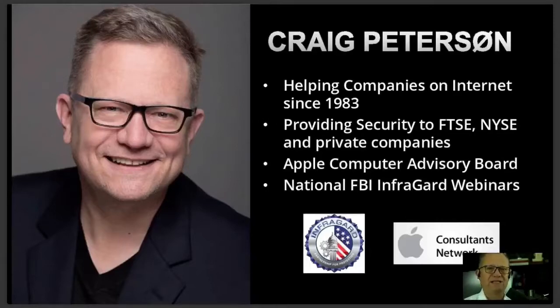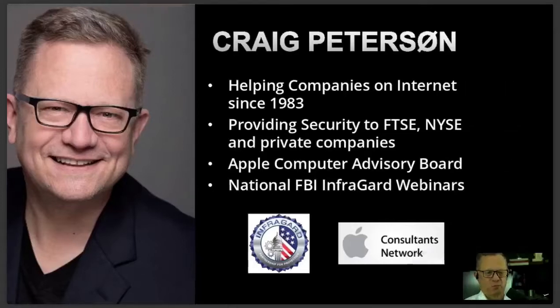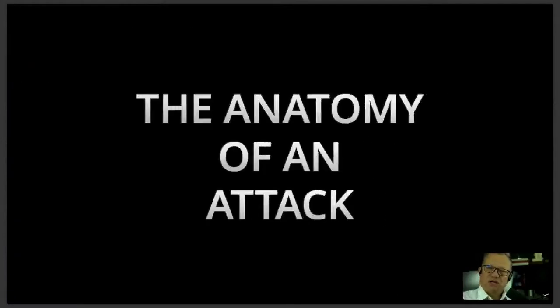We talked the first time about the anatomy of an attack. We went through an actual attack, how doxing is occurring today, and how that's used to attack small businesses.